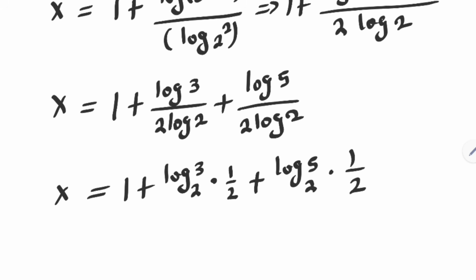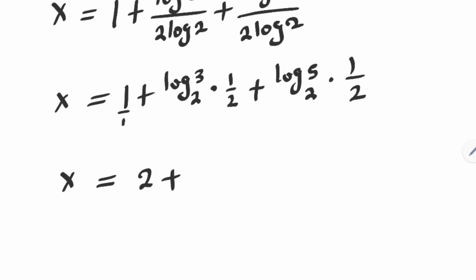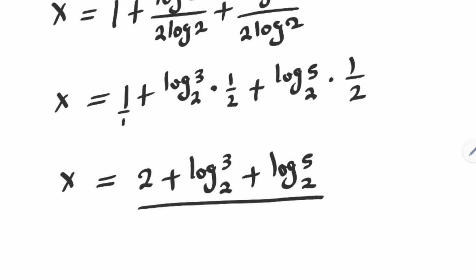Now here we have the LCM is 2. This is over 1, 1 into 2 times 1, 2. x is equal to 2 plus log 3 base 2 plus log 5 base 2, divided by 2. This is the value of x.